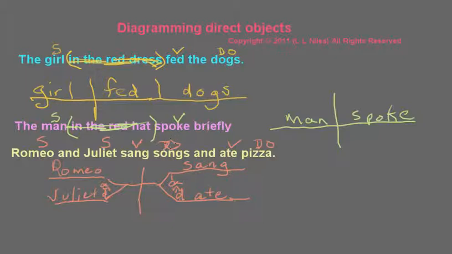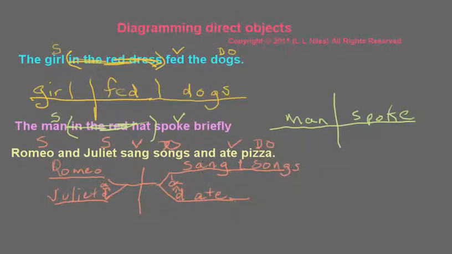Did they eat the songs? It's like, no. So, songs belongs to this verb. This songs is the verb sang's direct object.